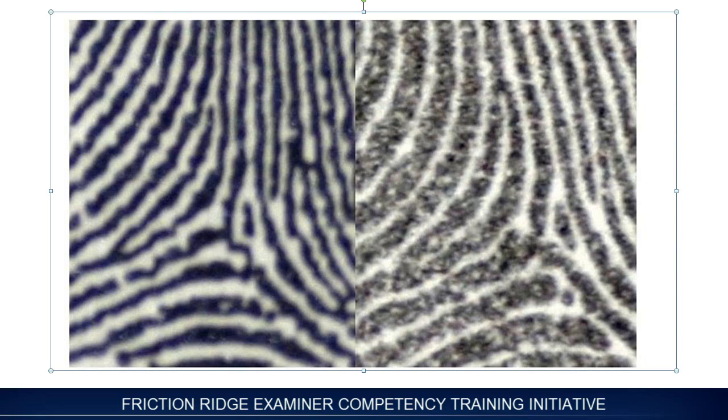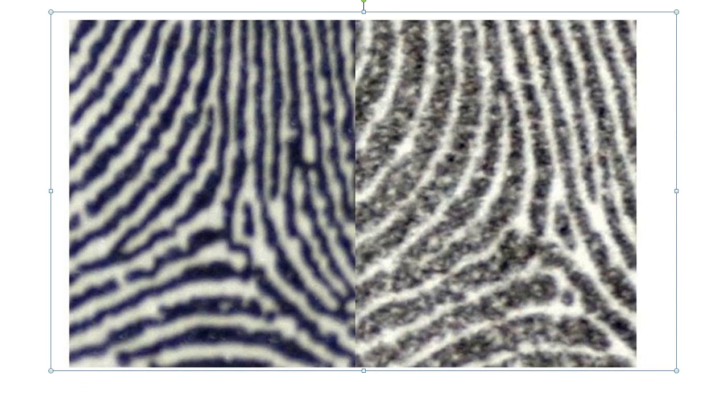And on the left, it's real clear that the image is much darker and the ridges themselves are much narrower. The print on the right, the ridges are almost twice as wide. So we have to take into consideration that the method by which the two prints were recorded was considerably different, whether they're both live scan or one was ink and one was live scan.